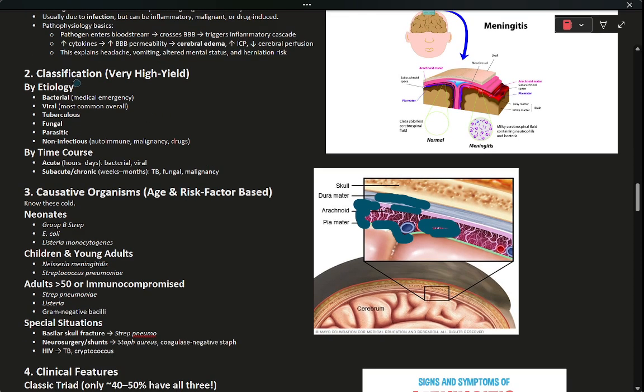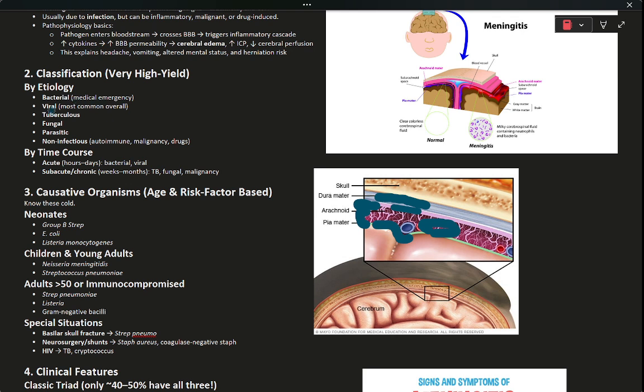Classification is very important for understanding the etiology of meningitis. You can have bacterial meningitis, which can present as a medical emergency, along with associated symptoms of sepsis, confusion, and respiratory compromise.